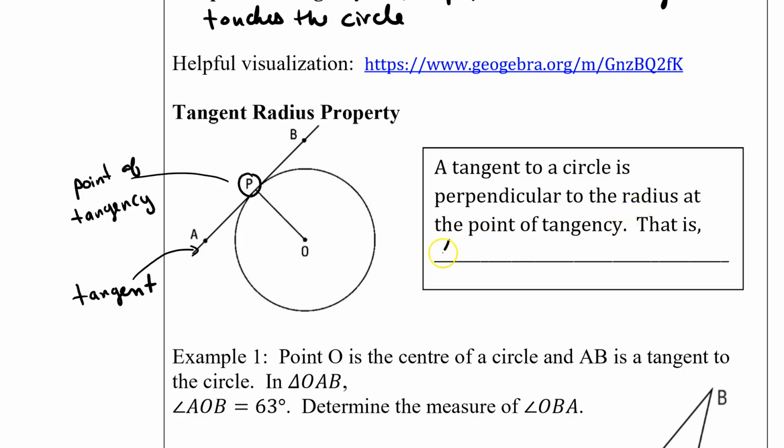The measure of angle APO, this angle right here, is the exact same as angle OPB, which is going to be 90 degrees. This is really, really powerful.